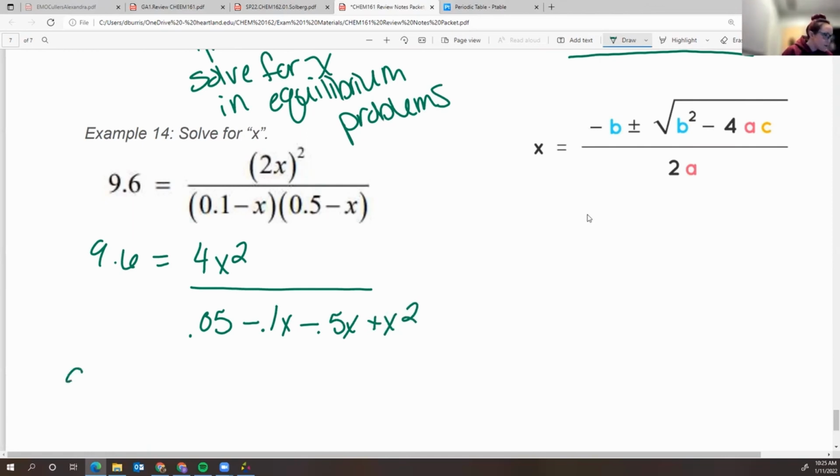I'm going to move everything around. So I'm going to get 9.6 times 0.05 minus 0.6x plus x squared equals 4x squared.